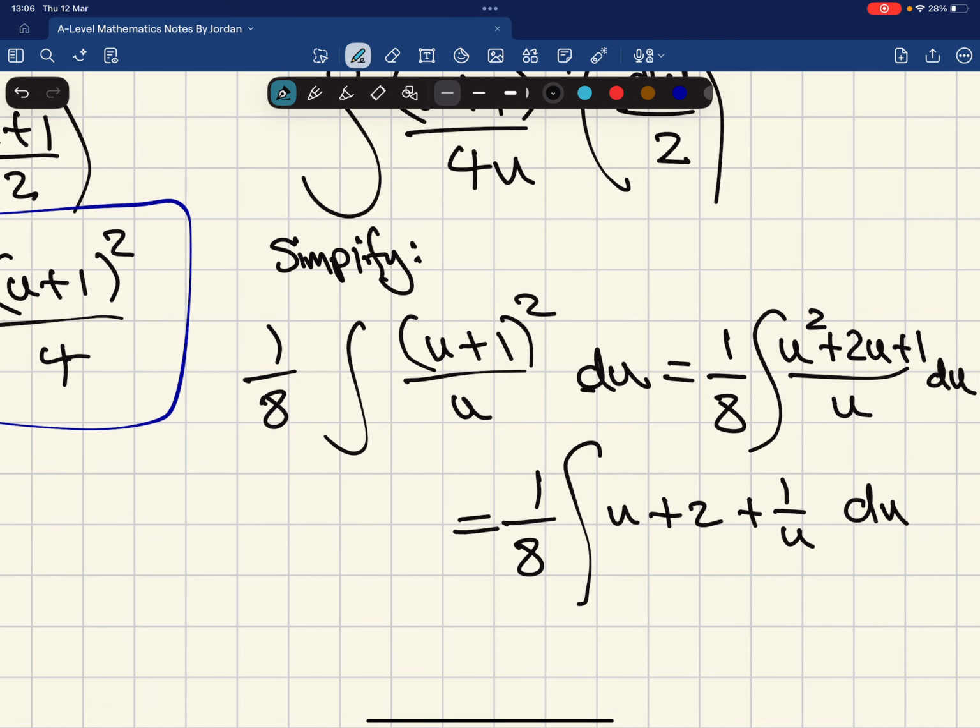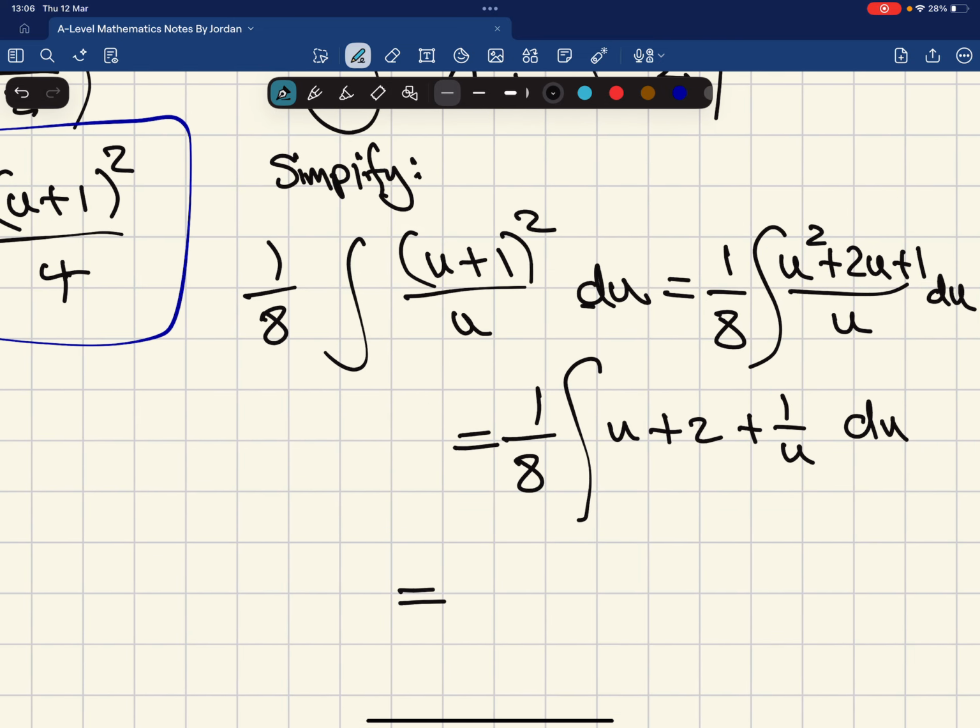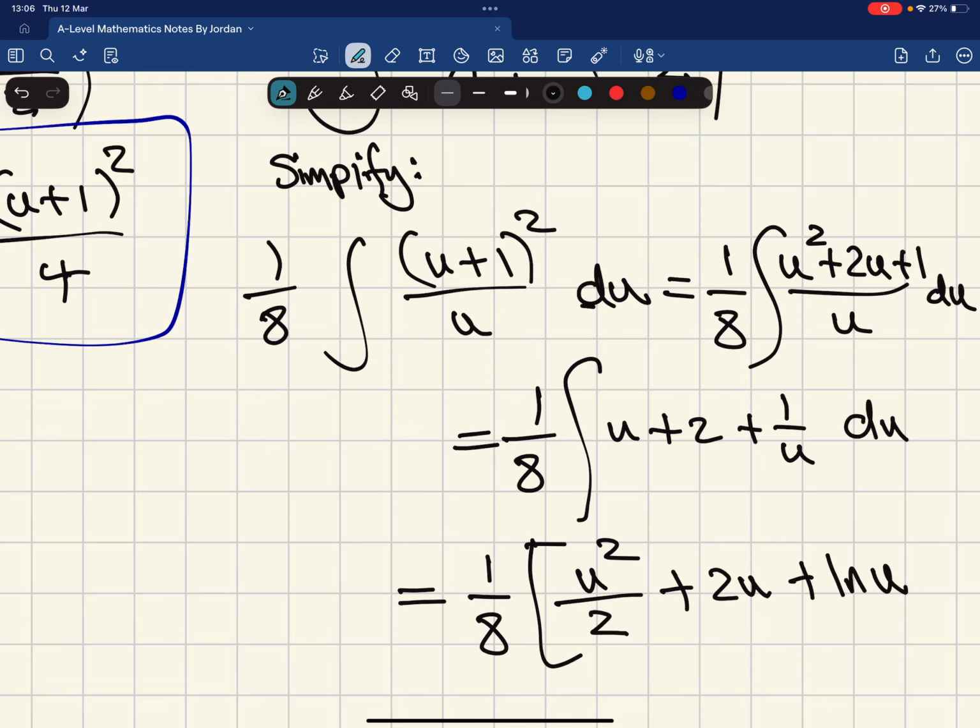Then we can perform the integral itself. We have 1/8 still. Now integrating u with respect to u gives us u squared divided by 2. Integrating just the 2, the constant, gives us 2u, and then 1 over u going to ln u.